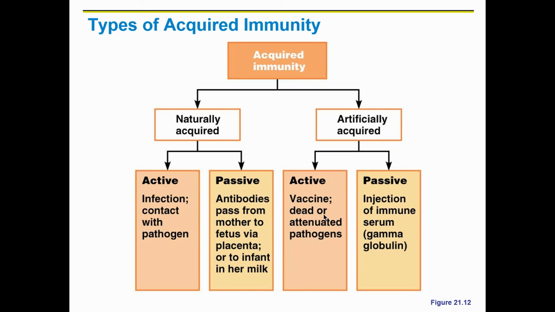If you happen to be one of those people who got sick and you recovered, you have naturally acquired active immunity. If you happen to be a pregnant woman and you got the disease and you got sick, but you recovered and you passed those antibodies to your fetus, that fetus has naturally acquired passive immunity.